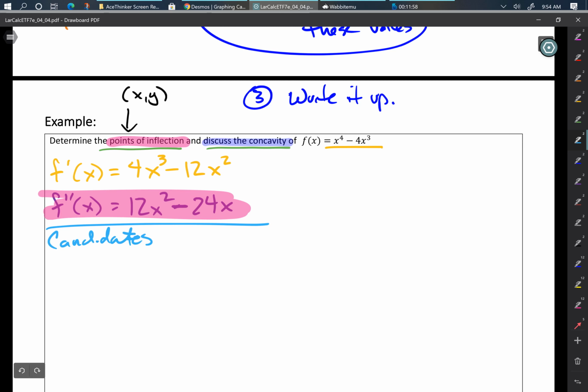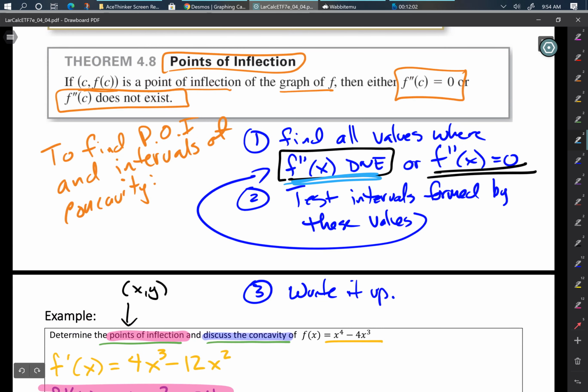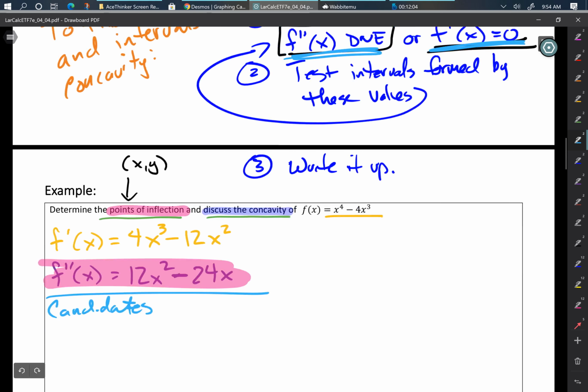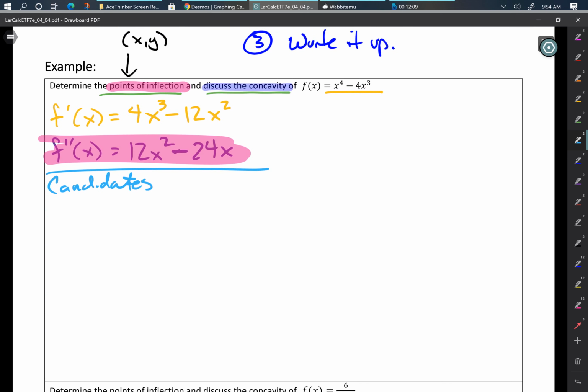Now it's very tempting to call these things critical values because we're finding where it doesn't exist and where it's equal to 0. The second derivative doesn't exist and the second derivative is equal to 0, but these are not critical values. The definition of a critical value means the first derivative is equal to 0 or the first derivative does not exist. Here we're working with the second derivatives.